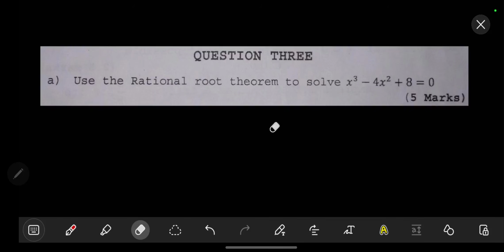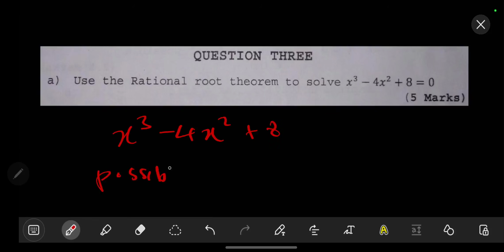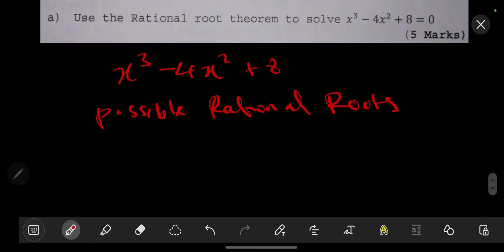To solve using the rational root theorem, the possible rational roots are a0 over an, which is the same as p over q. a0 is the one without x.